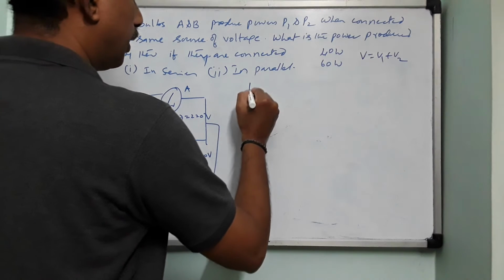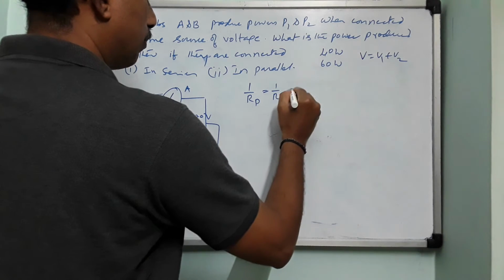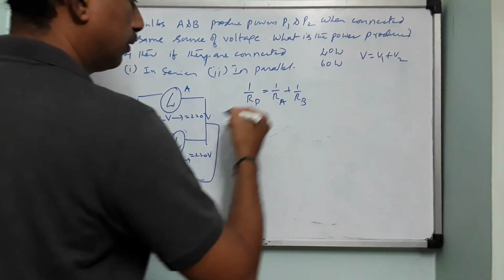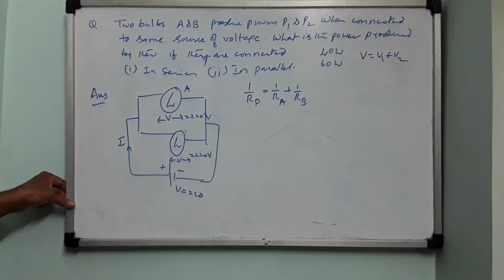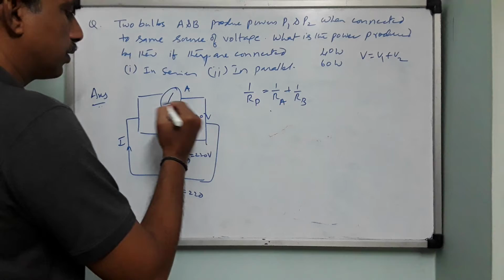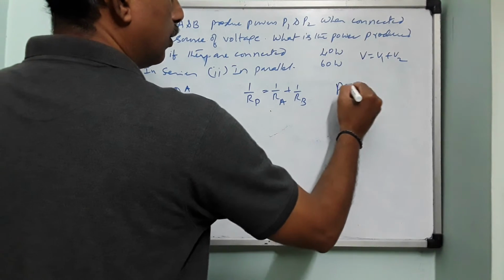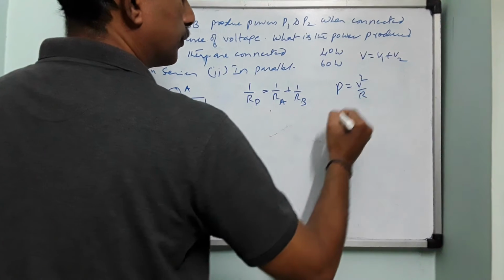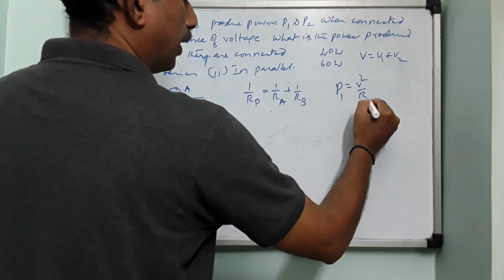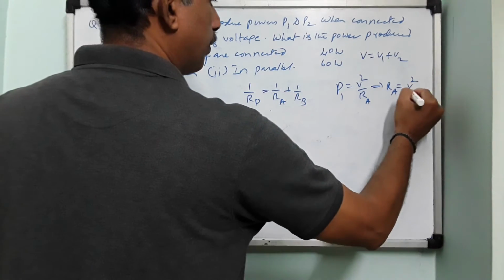Now you see the resistances. As they are in parallel, you write 1 by Rp equals 1 by Ra plus 1 by Rb, the formula for parallel combination. Resistance here is the resistance of the filament, so use again P equals V square by R. So P1 is V square by Ra, which implies Ra equals V square by P1.